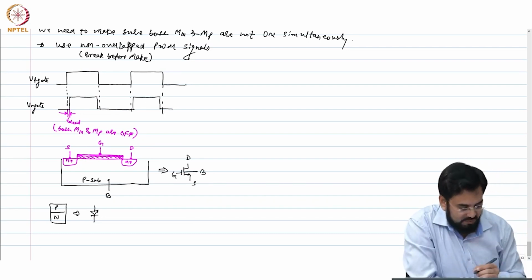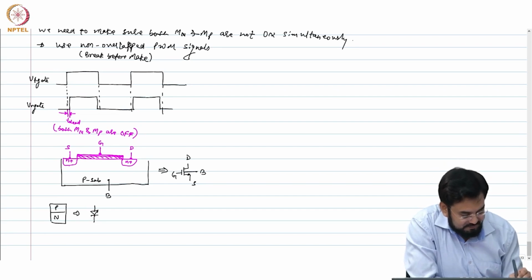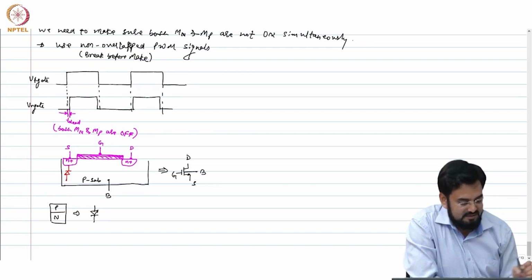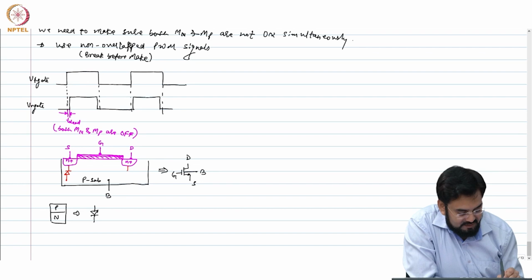So how many diodes do you have here? This will form the N side and the substrate will form the P side. Another diode you have here.